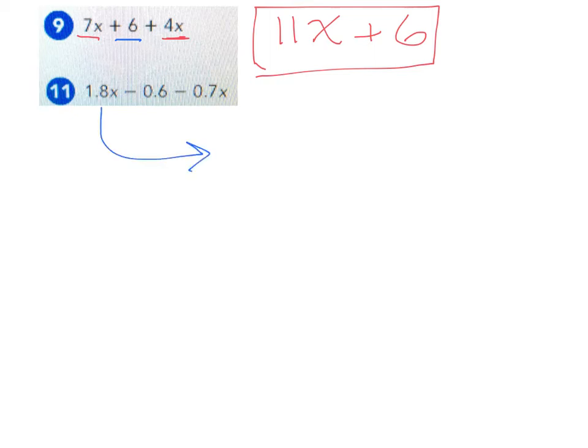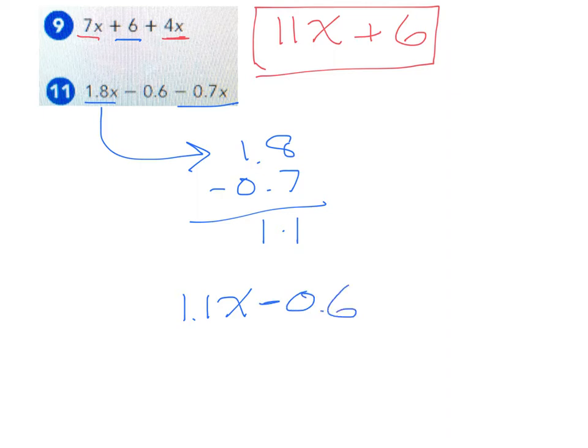For our next one, the 1.8 and the negative 0.7 get combined. So that's 1.8 minus 0.7, which is 1.1, and we want to give the letter to it. So that would be 1.1x minus 0.6, or the constant. This number without a letter just gets put at the end. You always put your constants at the end, or all the way to the back.